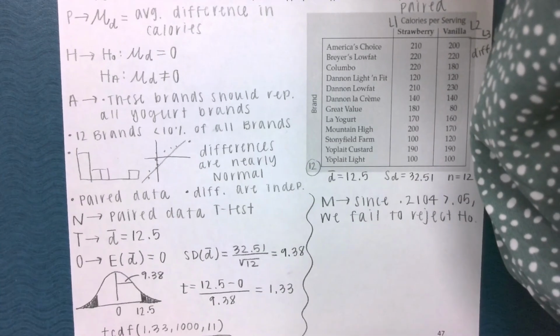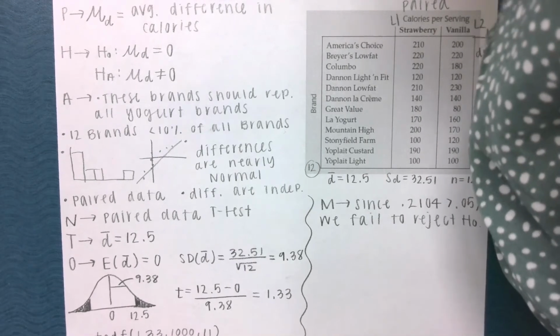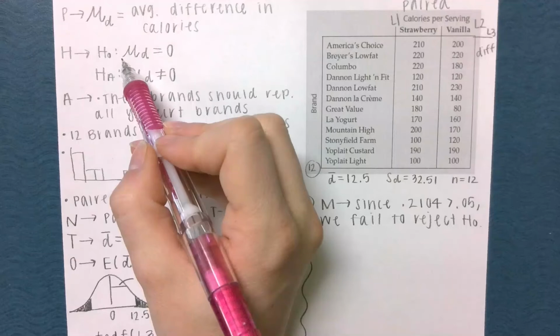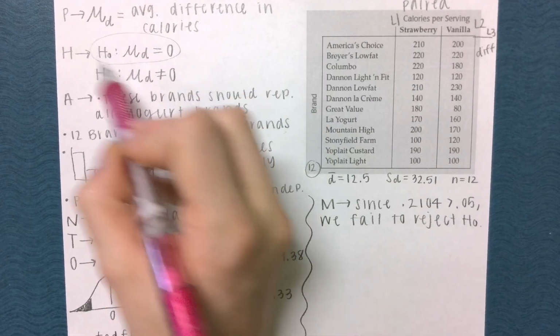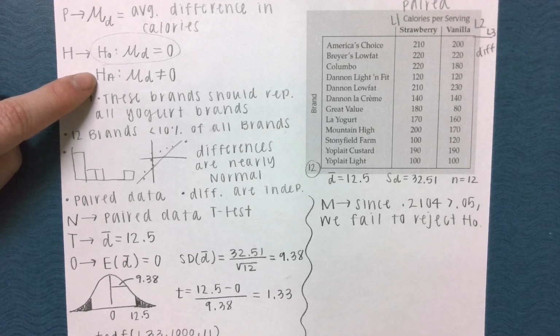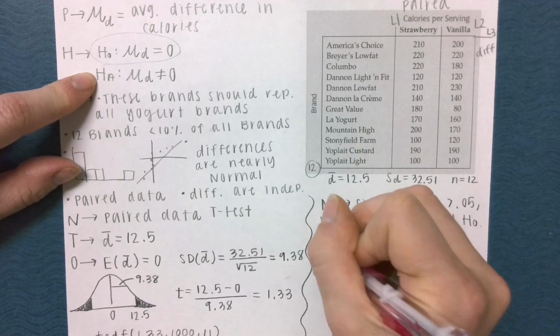So, looking back up here, if I'm failing to reject the null hypothesis, it means that I'm thinking that null hypothesis is true, so I don't have any evidence to say the alternative is true.